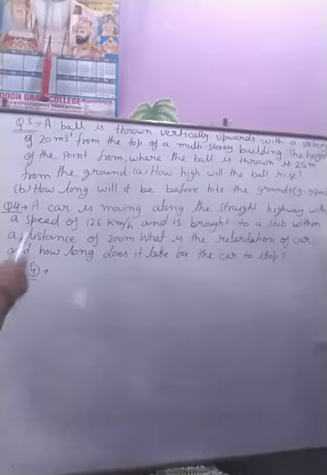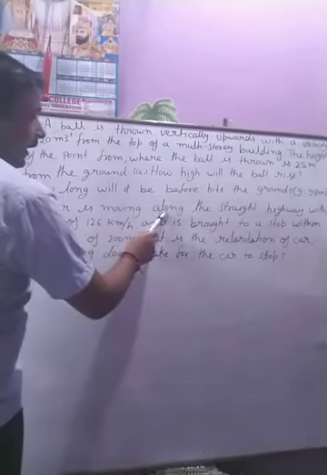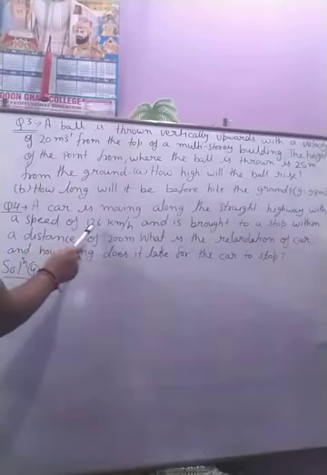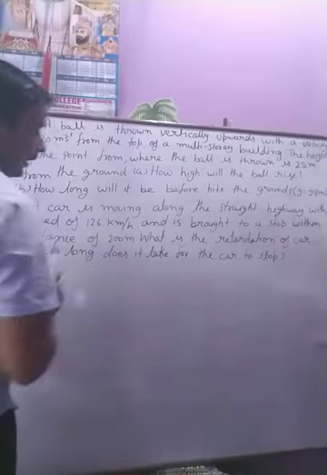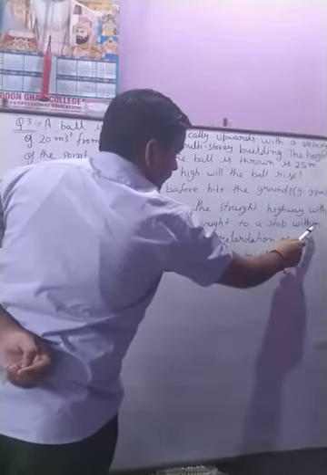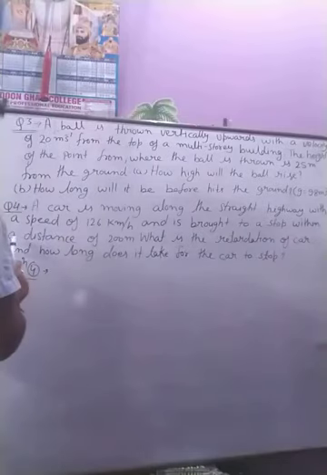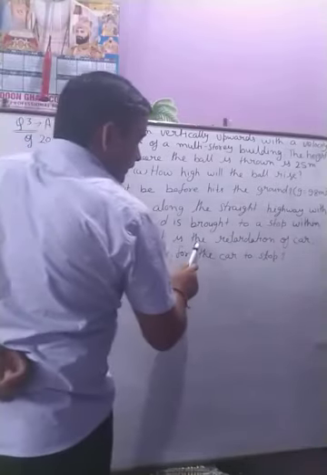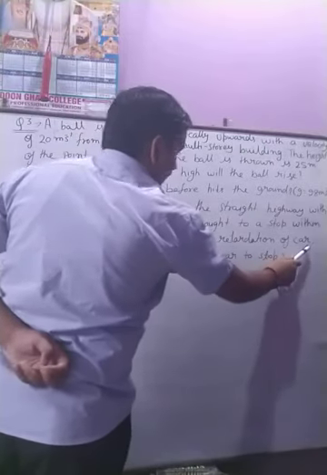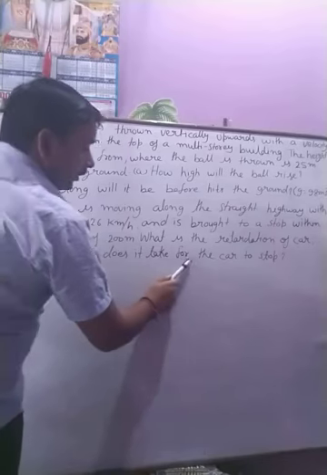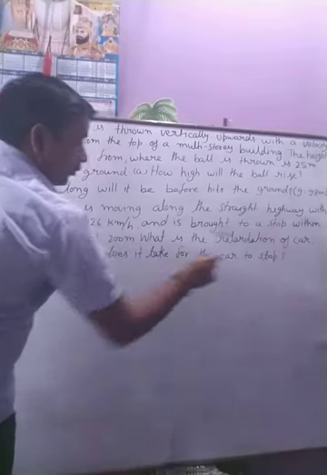The question is, a car is moving along a straight highway with a speed of 126 km per hour and is brought to a stop within a distance of 200 meters. What is the retardation of the car and how long does it take for the car to stop?